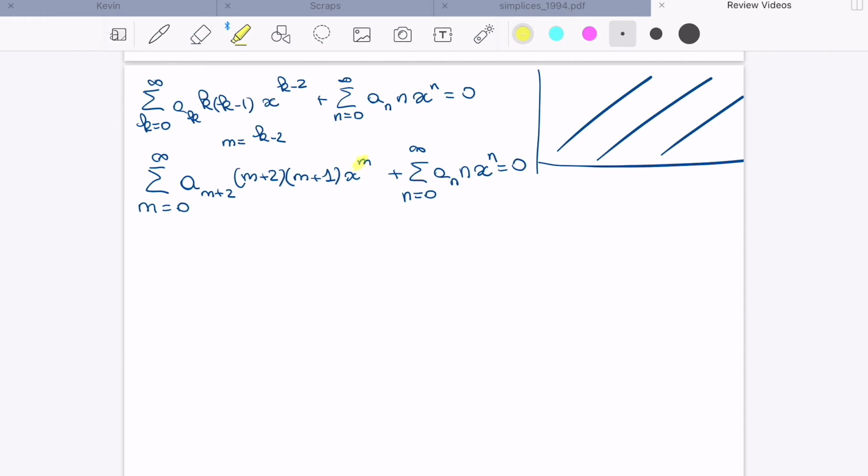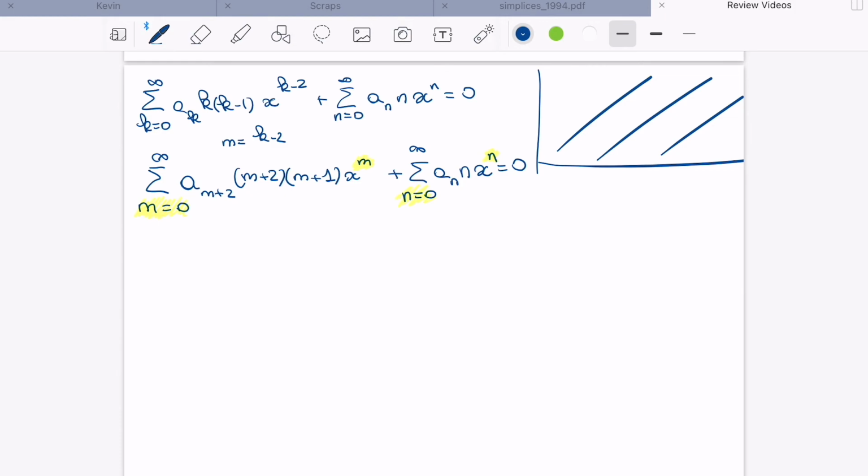We have the power being the same. I mean, one is an m, the other is an n, but we can change the name given to the indices without problem, so they are the same thing. And our power series start at the same point. So that's two positive things that we can have, and now it's very easy to sum them up.